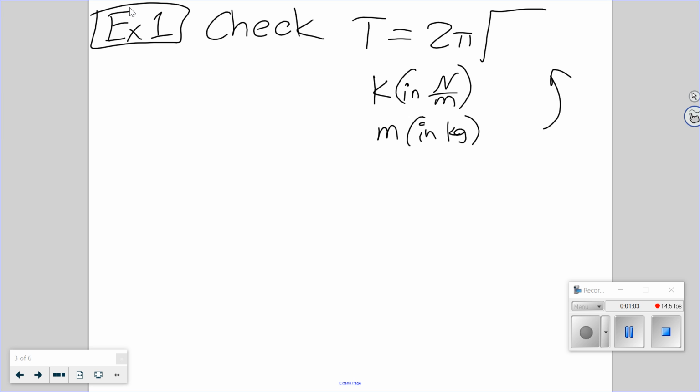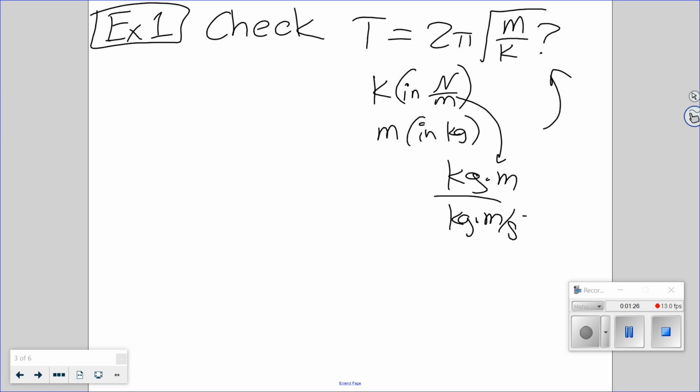So if I put in m over k, is that right? I'm pretty sure it is. Because if I have kilograms, and newtons per meter, where the meter goes in the top, but newton was kilograms times meters per second squared, so everything cancels out except per second squared in the denominator.